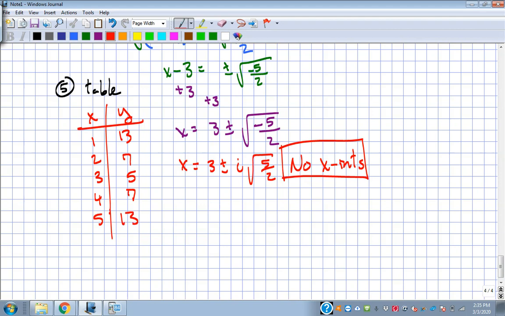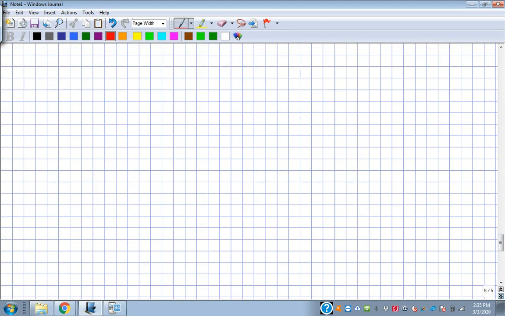And I'm going to draw the graph of that. You might want to flip over to the back side of your graph paper, because this one's kind of big. Try to fit it on there.